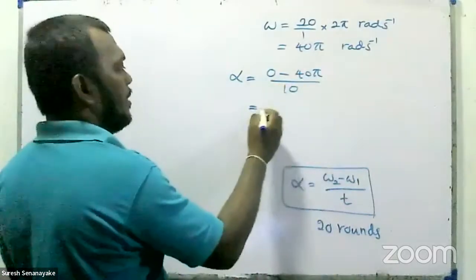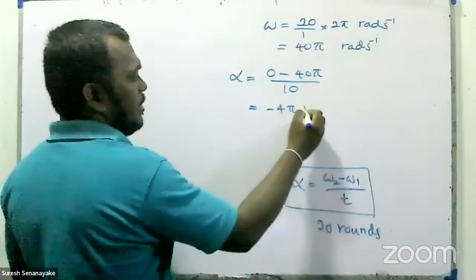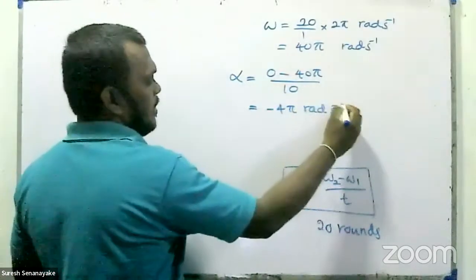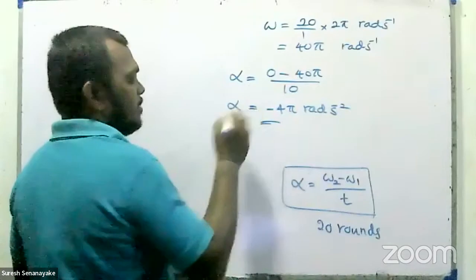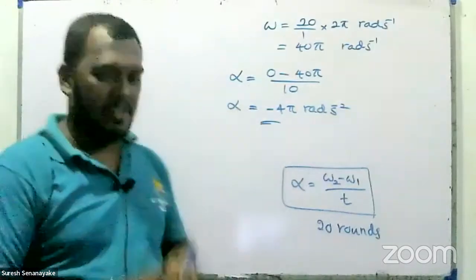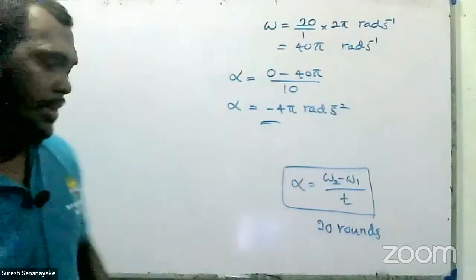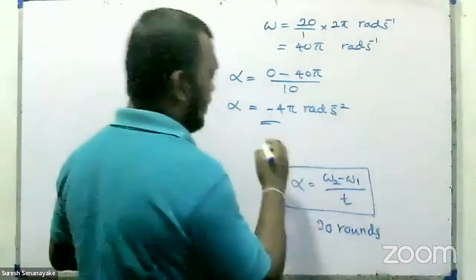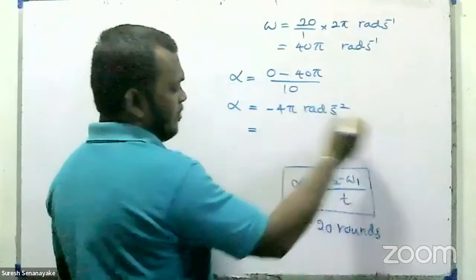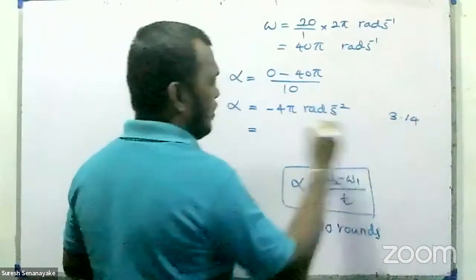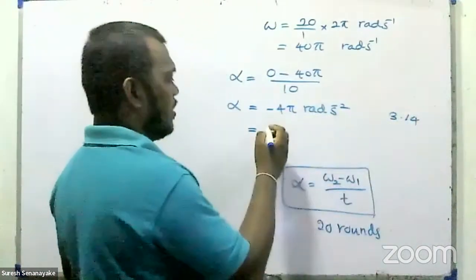So alpha equals minus 4 pi radians per second squared. It is minus because it decelerates. If they give the value for pi, you need to substitute it, maybe 3.14 multiplied by 4.